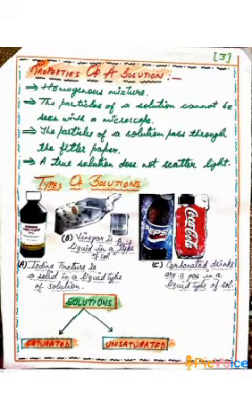In this way, we can get many solutions having different concentrations of the same solute. So, depending upon the amount of solute present, the solutions can be classified into two groups, that is unsaturated solutions and saturated solutions.